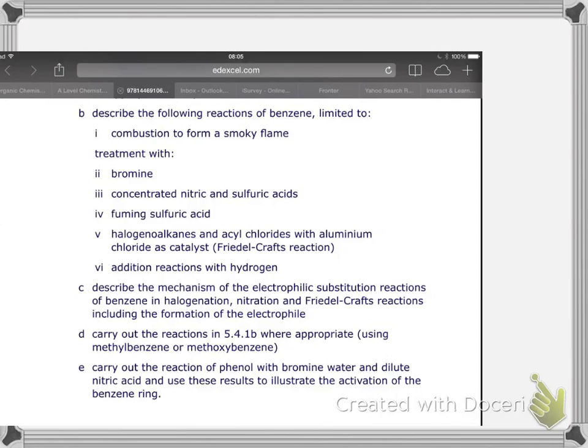We've looked at the mechanism for the electrophilic substitution, and in the subsequent video we'll look at reactions of methylbenzene and phenol, but you don't need to look at that for your lesson tomorrow.